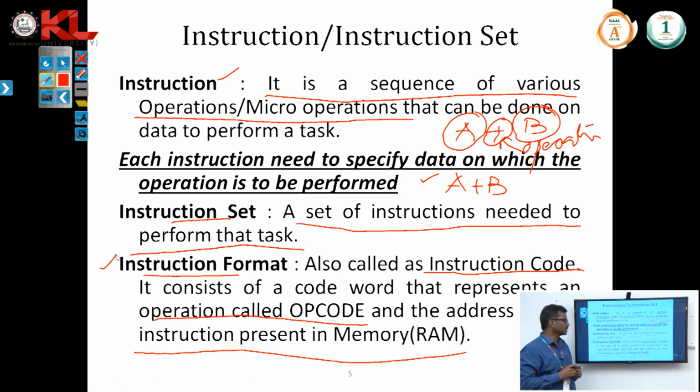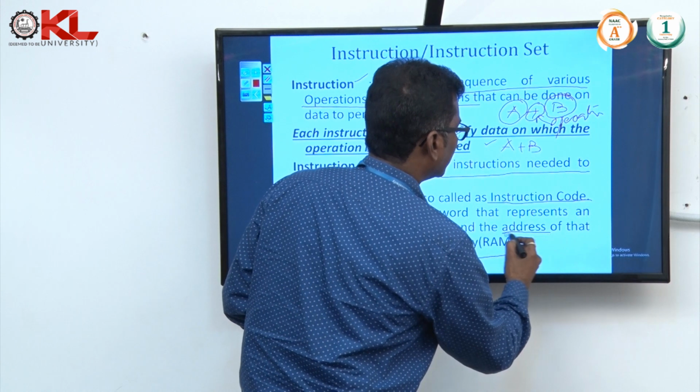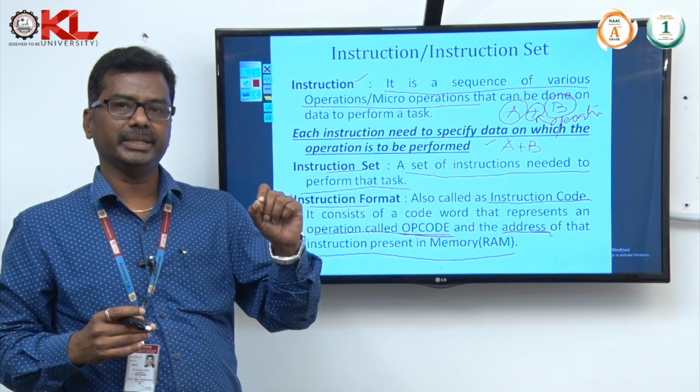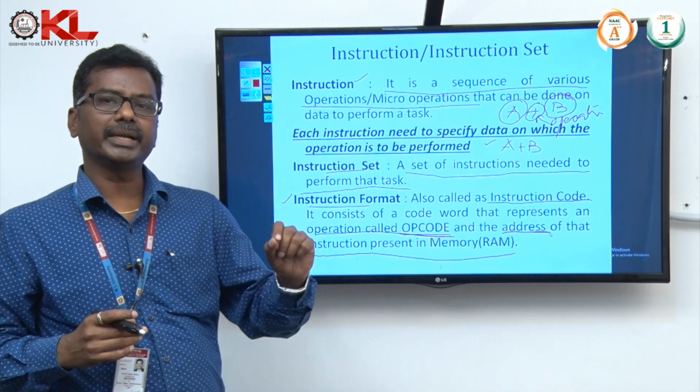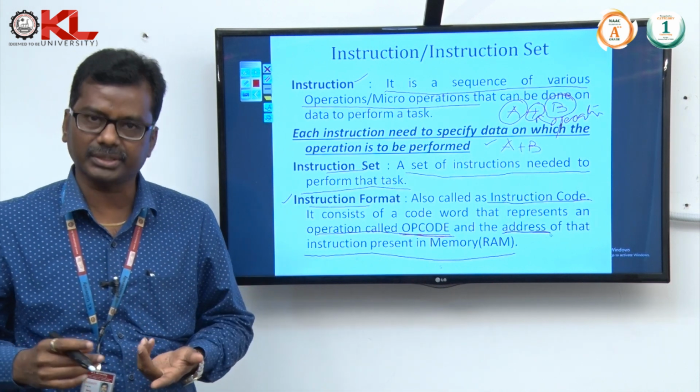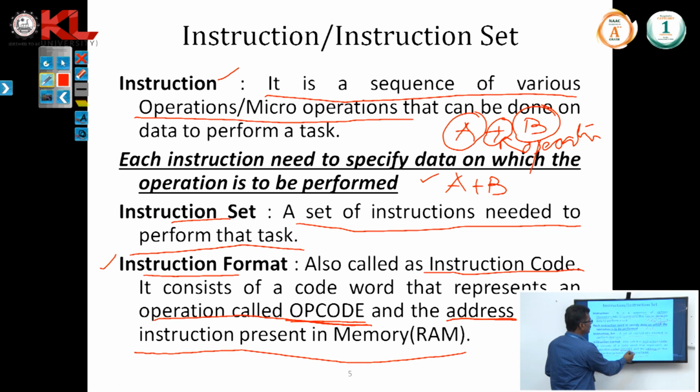The first part of the instruction format is the code of that particular operation, which we call the opcode or operation code. The next important part is the address. That means the location in memory where that particular operand or data is available. It can be in memory or sometimes in a register. So these are the two important parts of the instruction format.